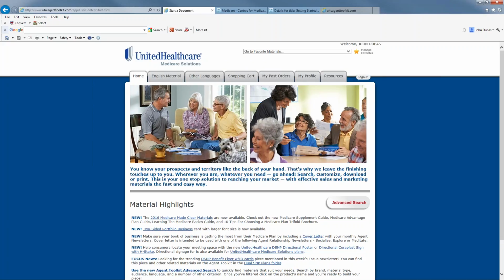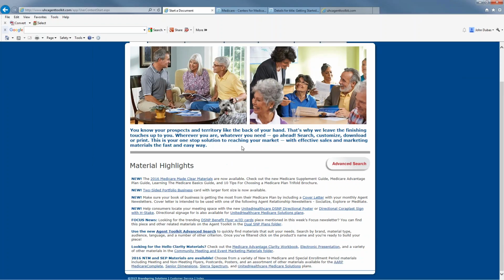It gives you access to a ton of materials that they have available, and some shortcuts on different pieces. So there's their electronic presentation for the Clarity presentation, which is for the MA plans, which keeps you compliant in that area so you can speak to the extra benefits. It also has the basic Medicare Made Clear materials.